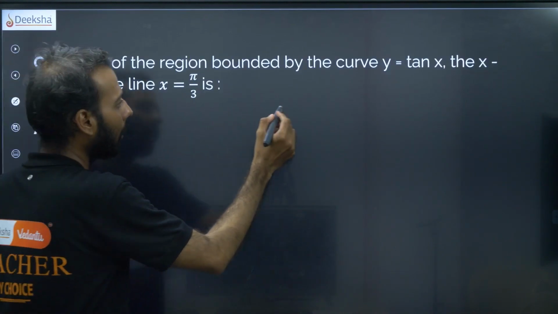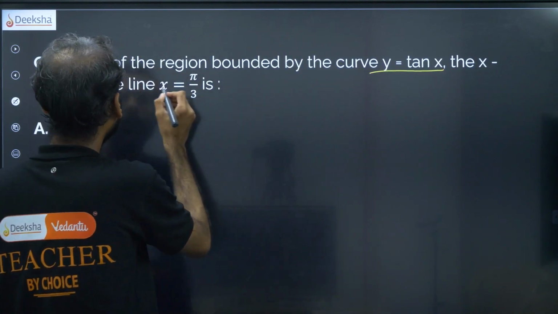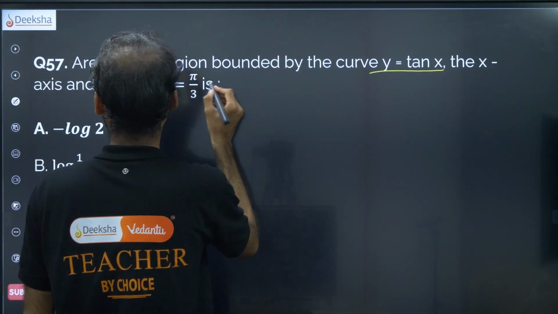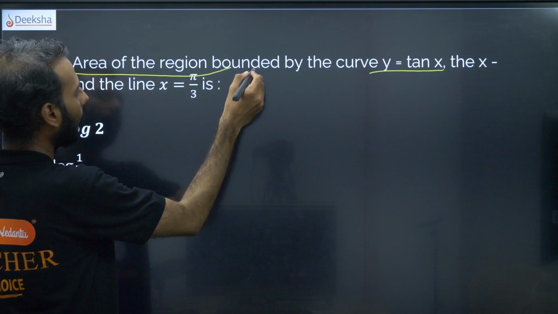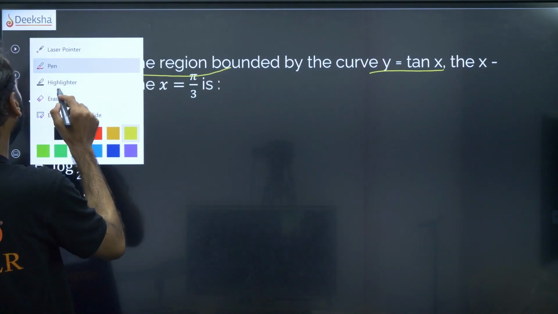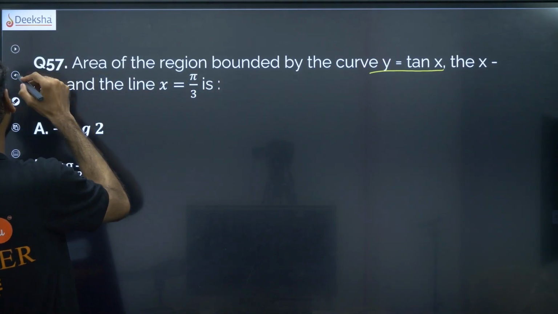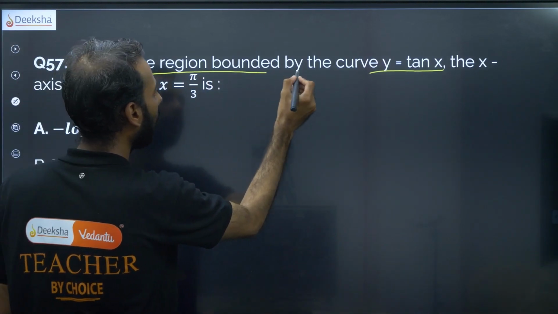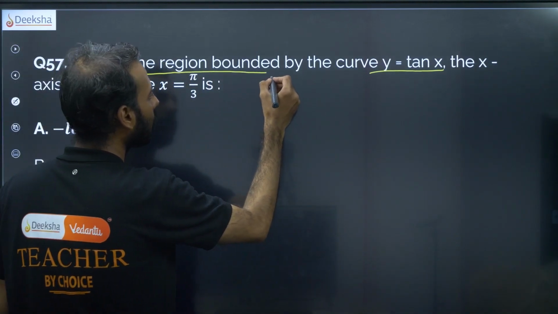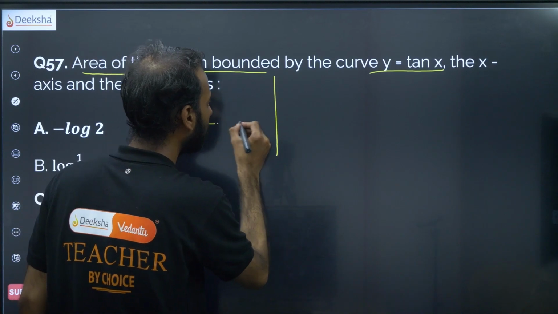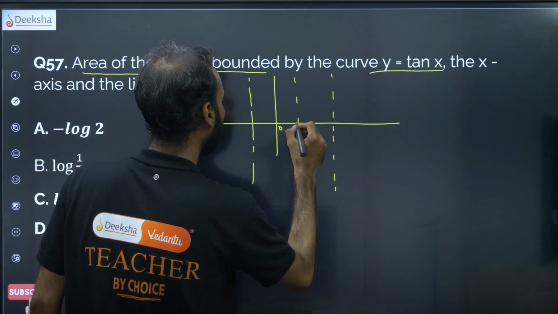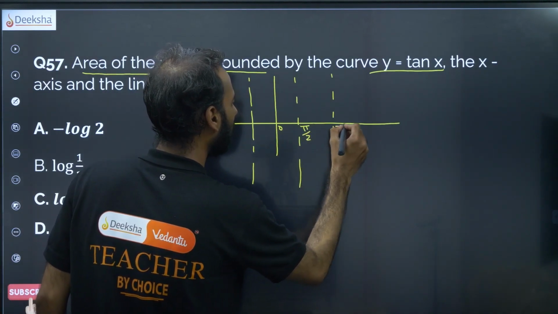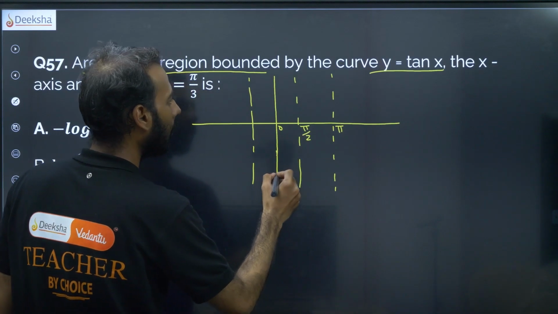If the area of the region bounded by the curve y is equal to tan x and the line. So this is an area of the region integration problem, where they have given some information. They are talking about the area of the region bounded by the curve. Let me draw that curve. If I draw that curve, 0, pi by 2, pi, and so on.